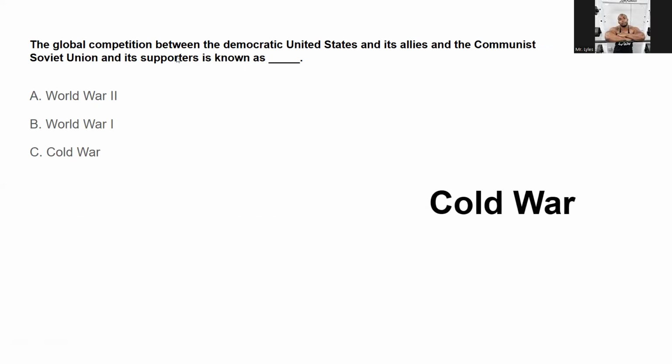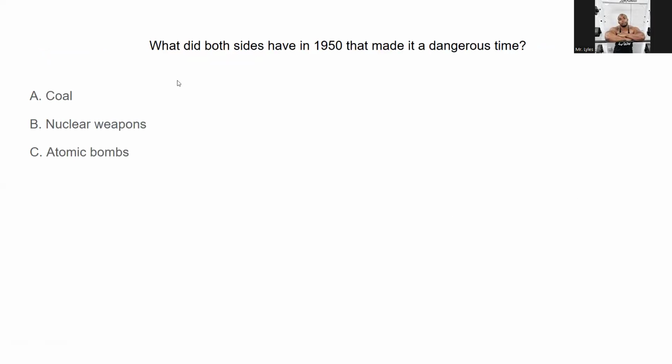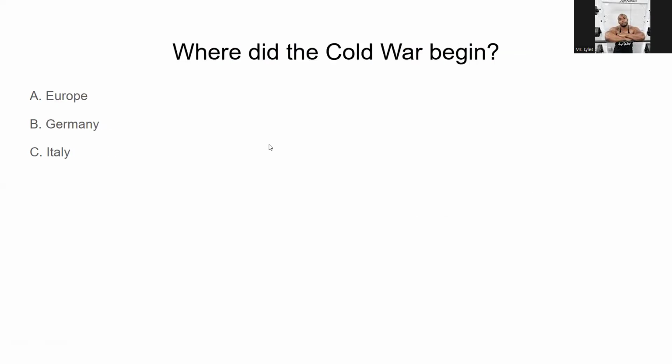So global competition between the Democratic United States and its allies and the Communist Soviet Union. It's a Cold War. What did both sides have in 1950 that made this a dangerous time? Both sides had nuclear weapons. Where did the Cold War begin? This is Europe.